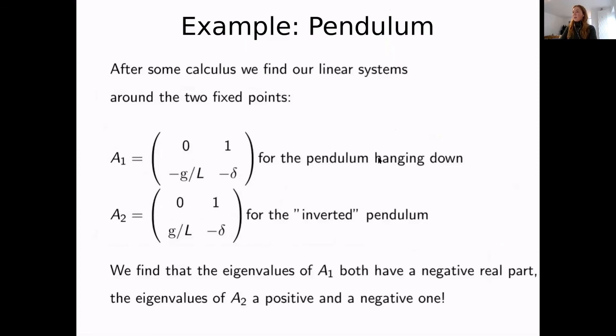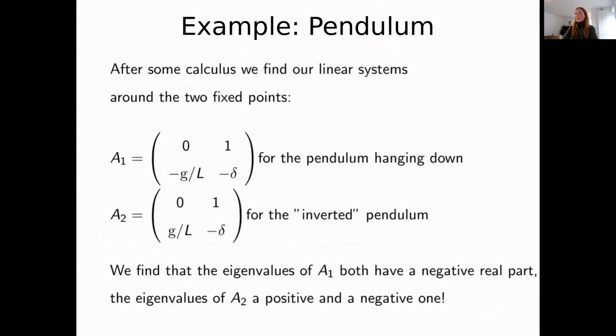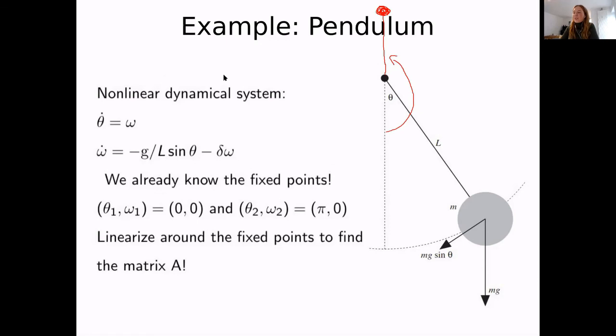Good. And we do this after some calculus, because you can't write this in a matrix right now, but you need to linearize it. And for those of you who know this, we would compute the Jacobian of this function, which basically is the derivative for each variable we have in our system.